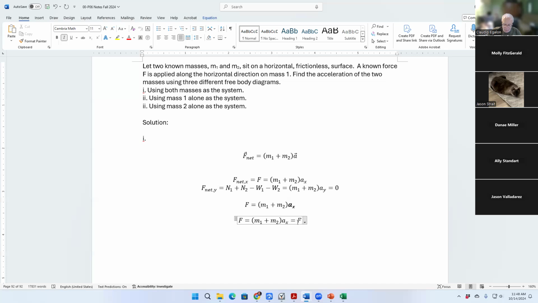So a sub x equals F over m1 plus m2, like that. That's the first solution. Straightforward.